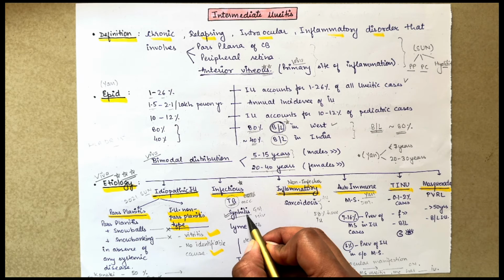Clear? So these are a little confusing, but if you listen to me again, it will be clear in your mind. So listen again, 7 to 16% prevalence of MS in intermediate uveitis cases. This is the prevalence of MS in intermediate uveitis cases, and 1% is the prevalence of intermediate uveitis in MS diagnosed cases. Okay? If it is asked in which condition the association of uveitis and MS is seen, then you say intermediate uveitis. Are you clear now?